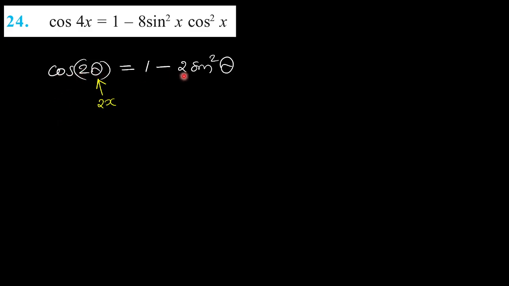So you begin with the 2 theta formula, then think about the substitution. I am going to substitute theta as 2x so that the left side becomes cos 4x. If I put theta as 2x, I have to put the same substitution on the right side also.